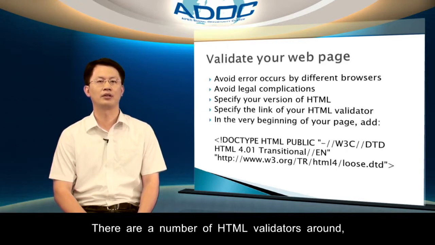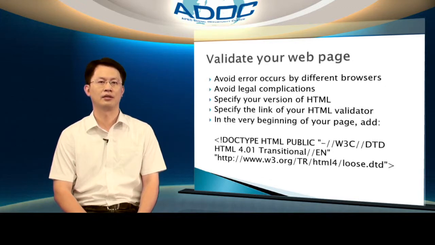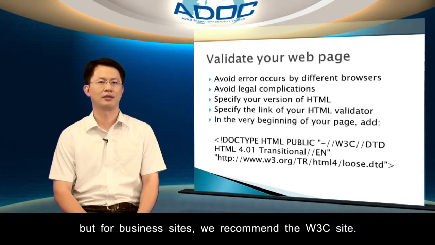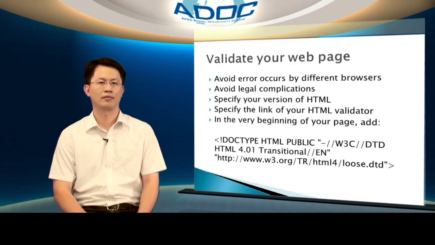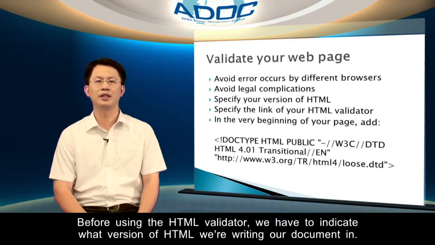There are a number of HTML validators around, but for business sites, we recommend the W3C site. Before using the HTML validator, we have to indicate what version of HTML we are writing our documents in.